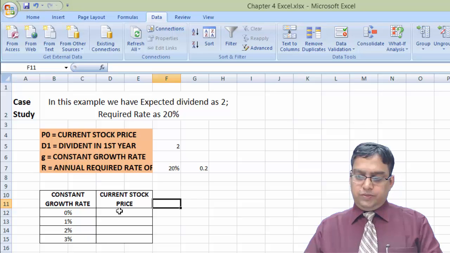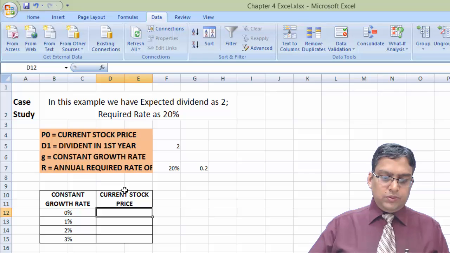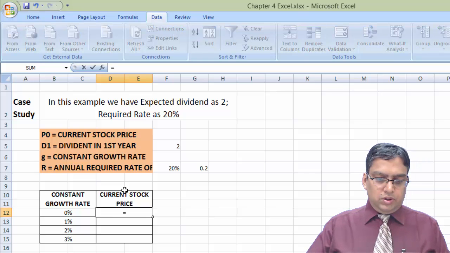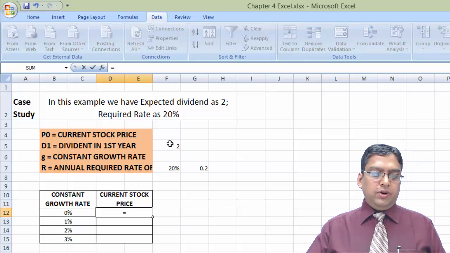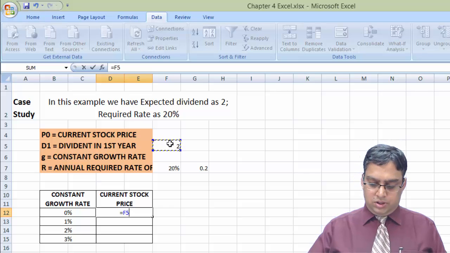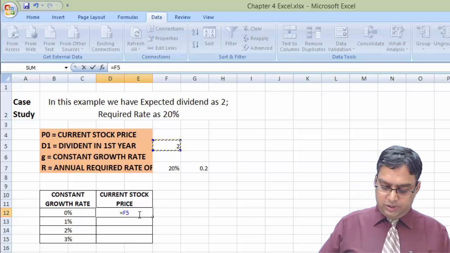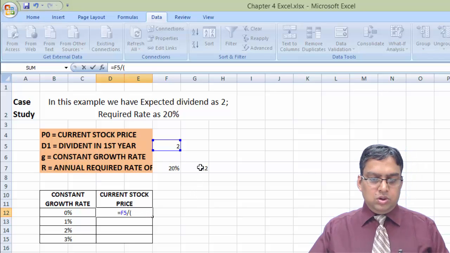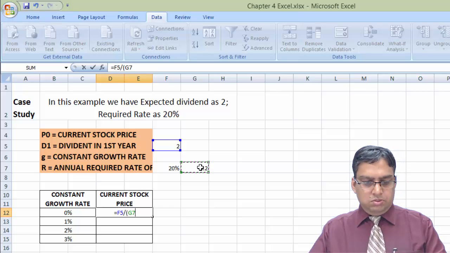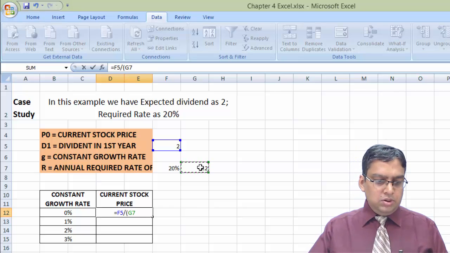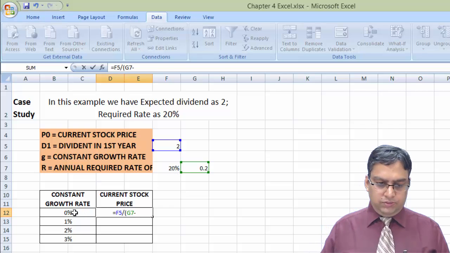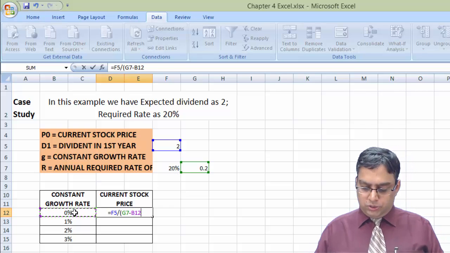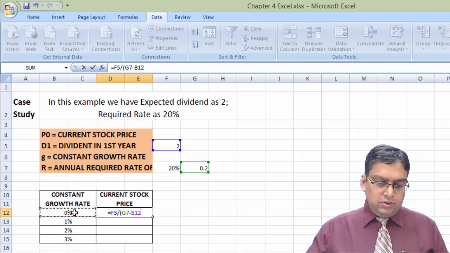Find the price equal to F5, dividend in first year, divided by G7 minus D12, that means constant growth rate.